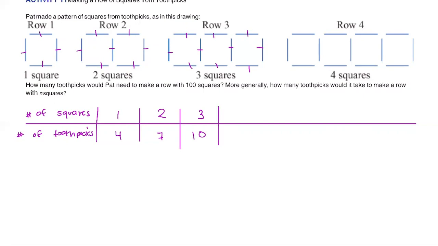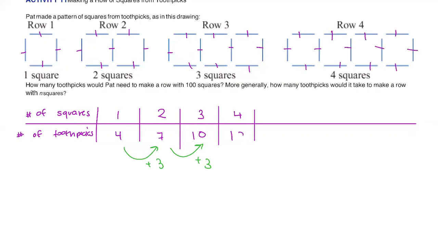I'm noticing already, to go from 4 to 7, I add 3. From 7 to 10, I add 3. Let's count how many toothpicks I need for 4 squares and see if I can get to some pattern. So 1, 2, 3, 4, 5, 6, 7, 8, 9, 10, 11, 12, 13.